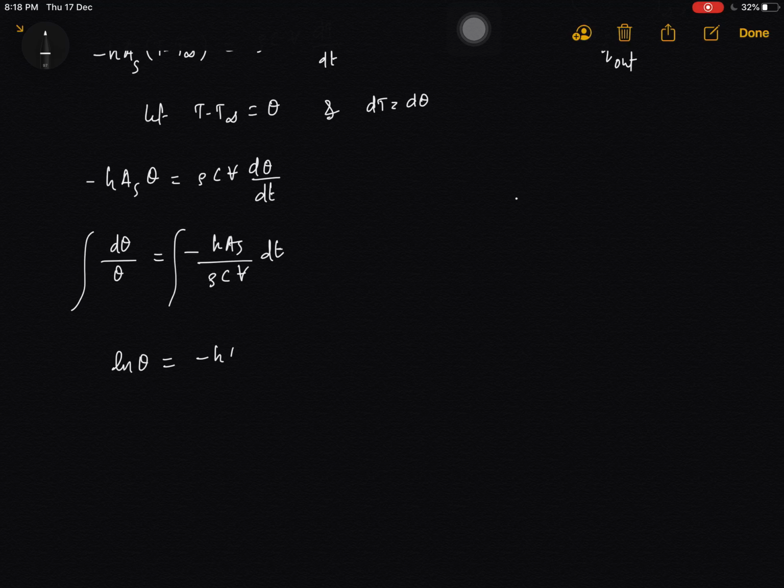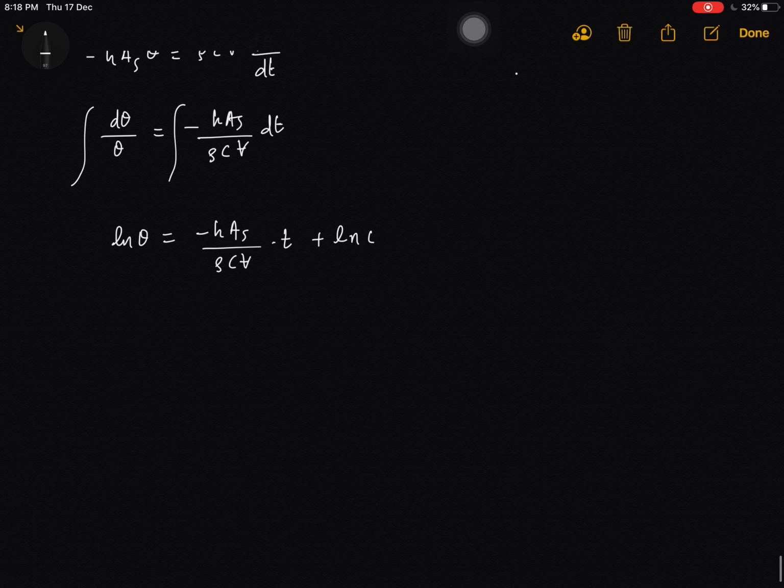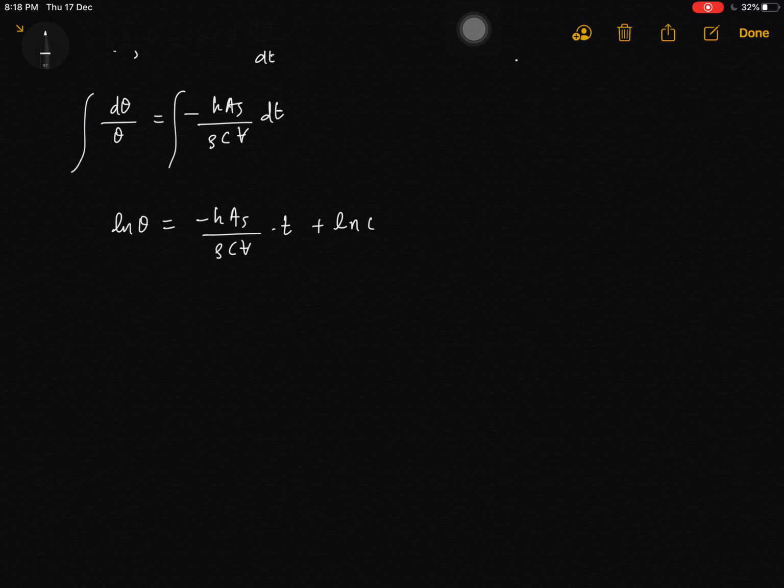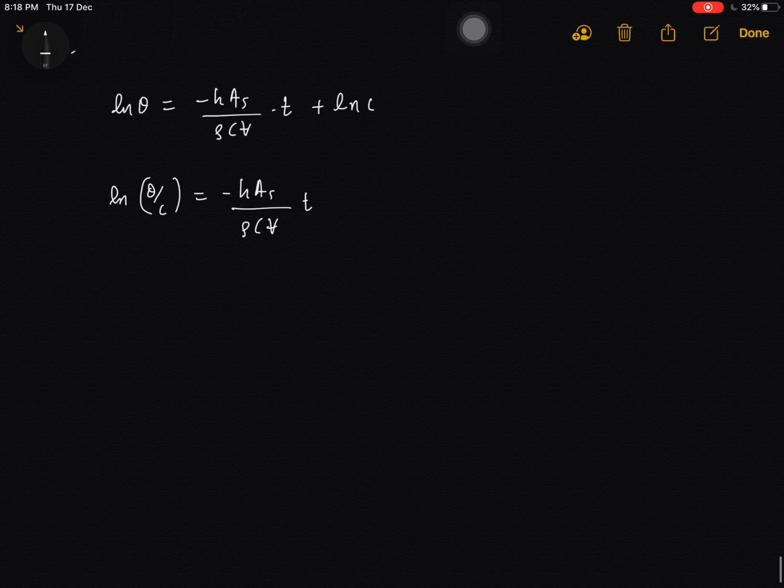Next, integrate this particular equation. We will get ln theta equal to minus h A_s by rho C V into t plus ln c, which is the constant of integration. We can rewrite this as ln (theta by c) equal to minus h A_s by rho C V into t.